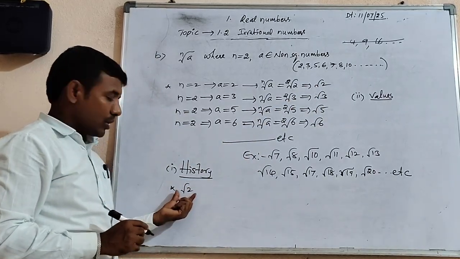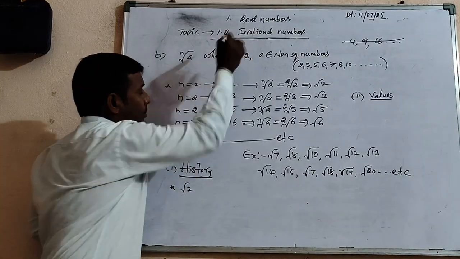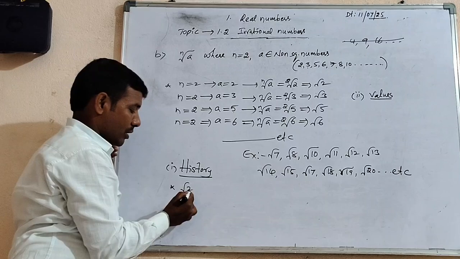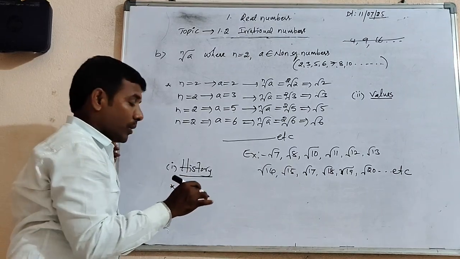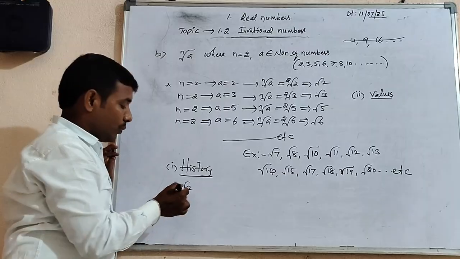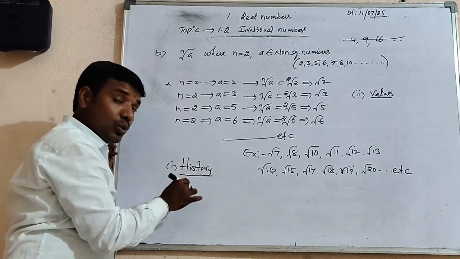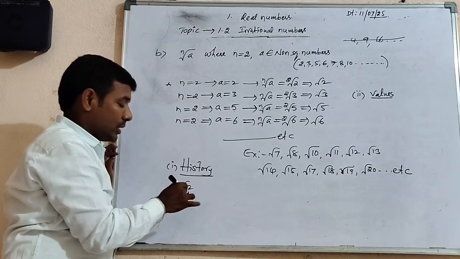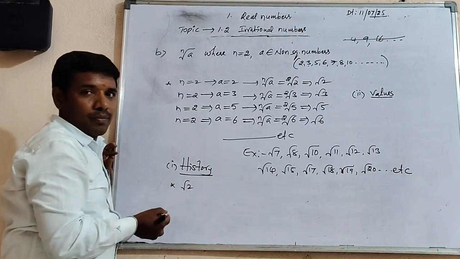Root 2 is one of the irrational numbers, but in the 5th century BC, the Pythagoreans were the first to introduce this. They introduced it as well as proved it. What did they prove? They proved that it is an irrational number.